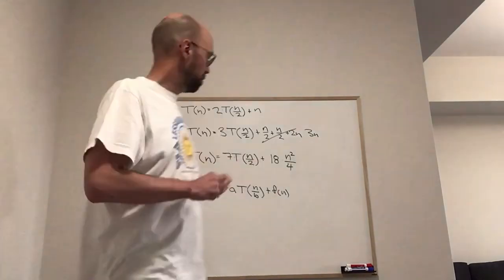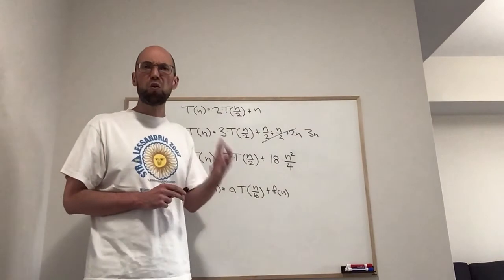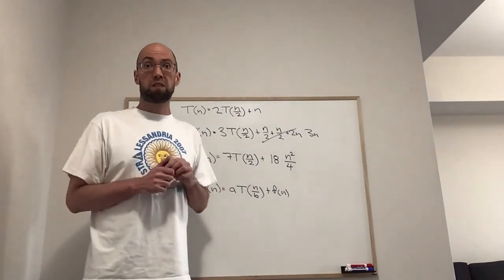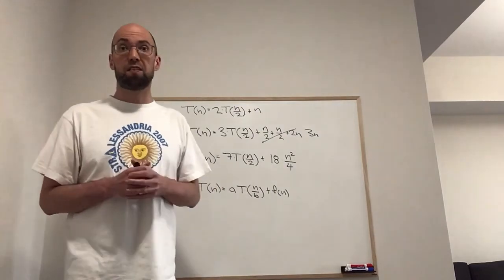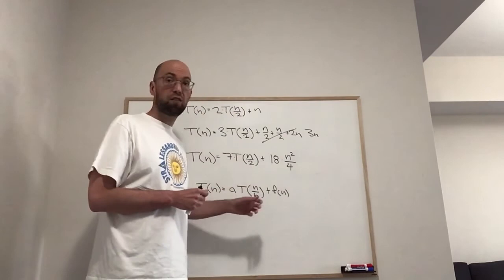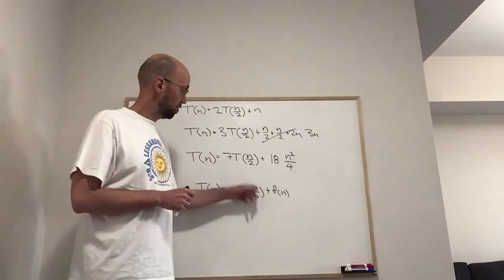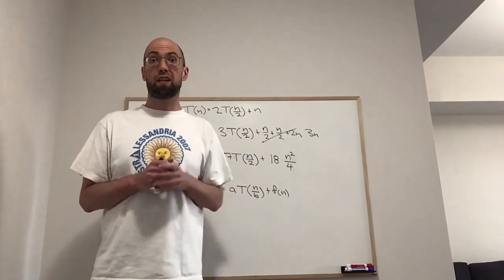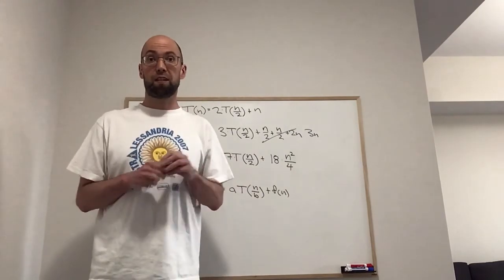Because if f of n is huge, then that's going to dominate. If f of n is huge, and the subproblems get small quickly, then the cutting or the gluing is going to dominate.